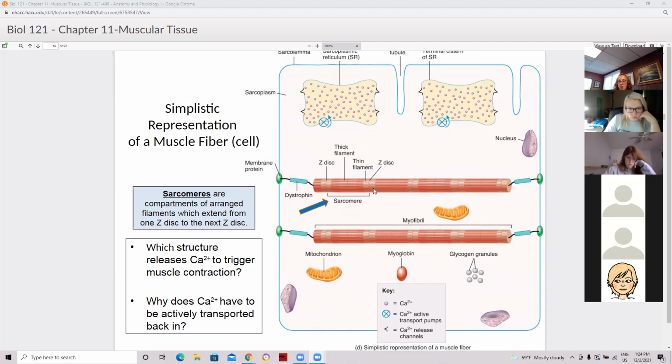The light bands are composed only of thin filaments. Your Z discs are in the center of each of the light bands, which are called I bands. I as in India, I bands.